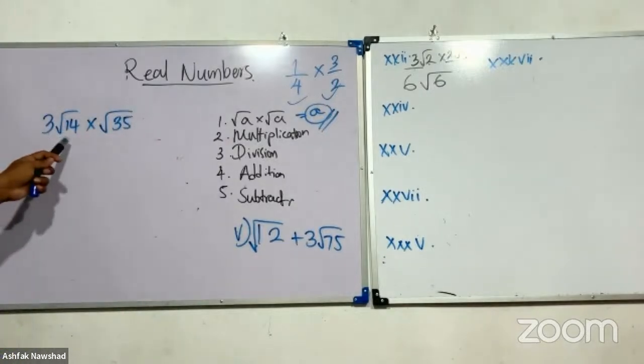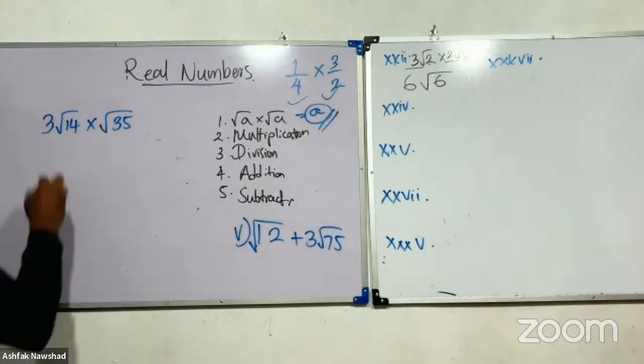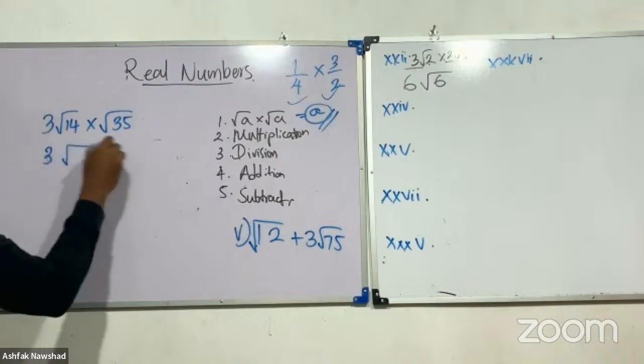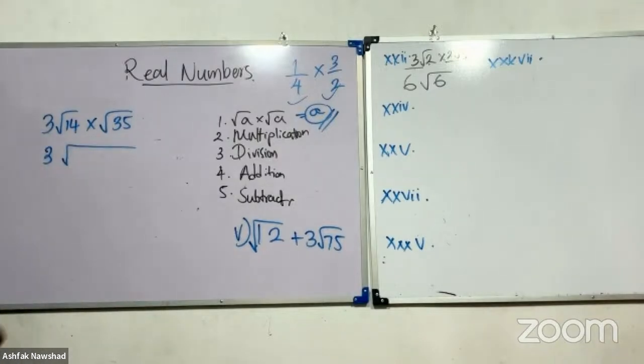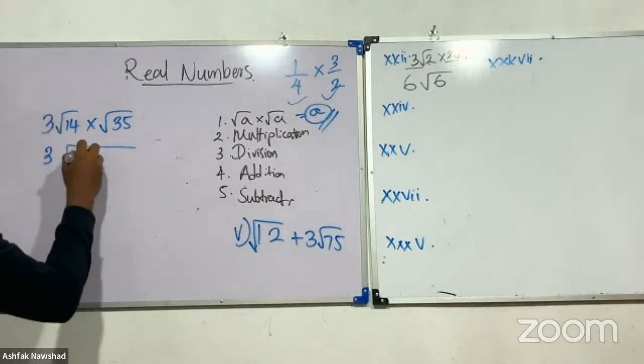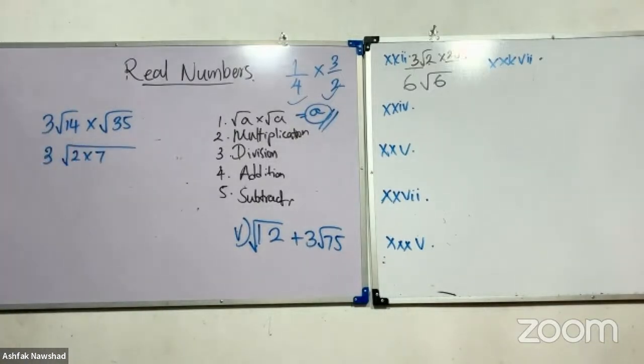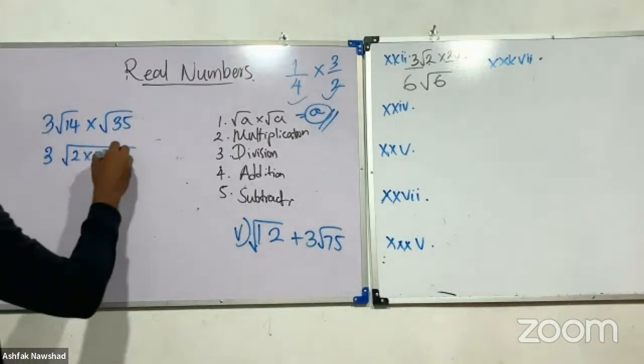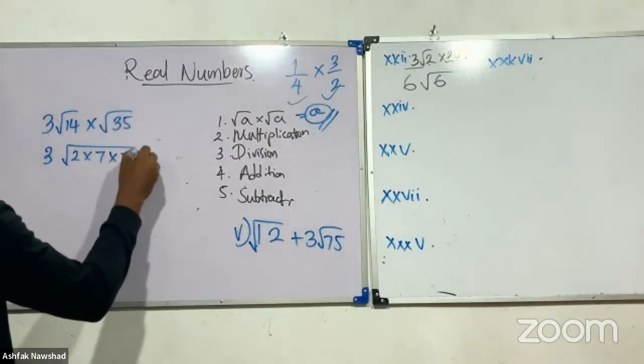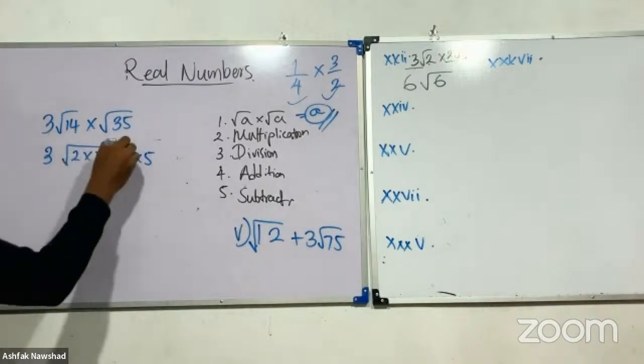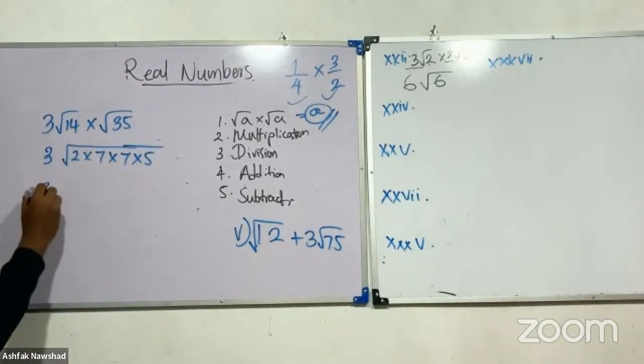So here you can do 14 times 35, or else I can do something like this. For my easiness, I'm doing it like this. 14 is 2 times 7, and 35 is 7 times 5.